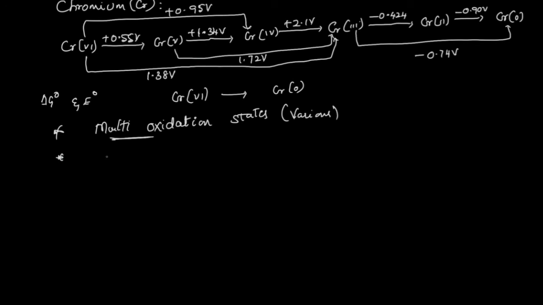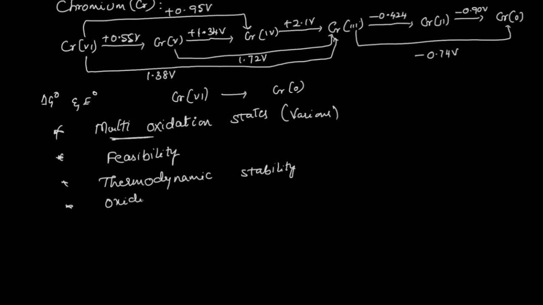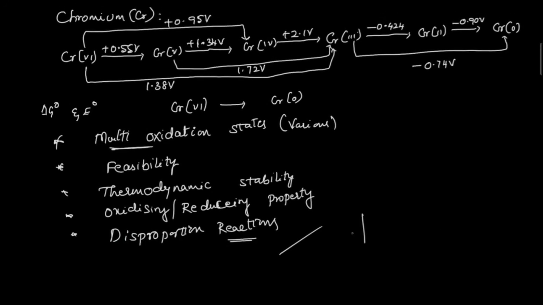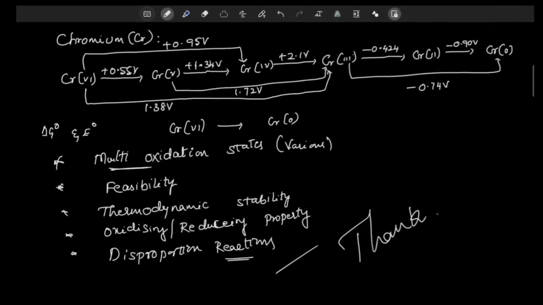You can get the information about, as I said before, the feasibility, thermodynamic stability, oxidizing and reducing property of chemical species, and disproportionation reactions can be studied by using this Latimer diagram. With this, thank you.